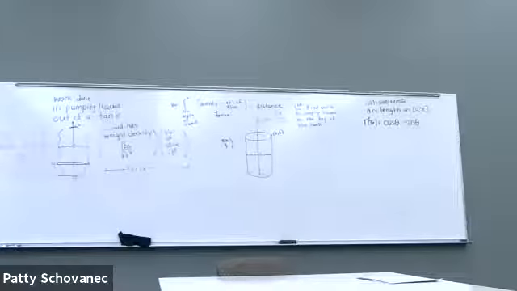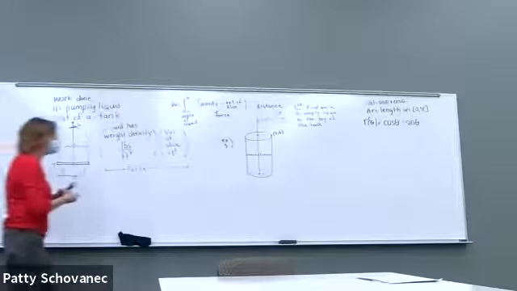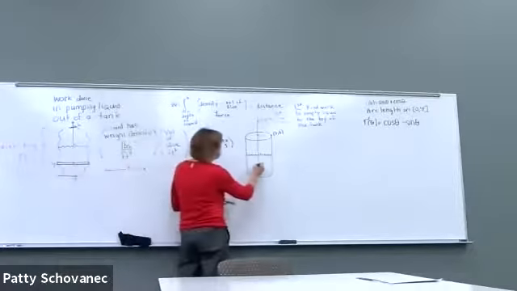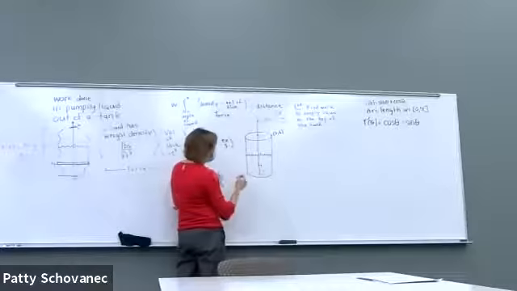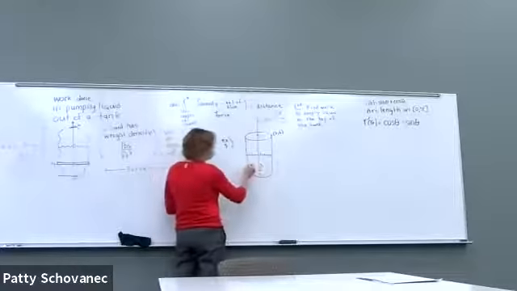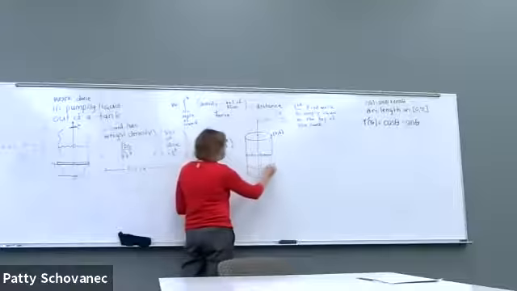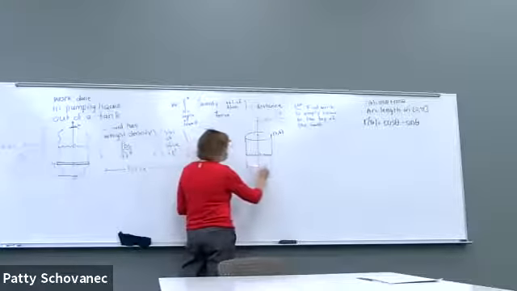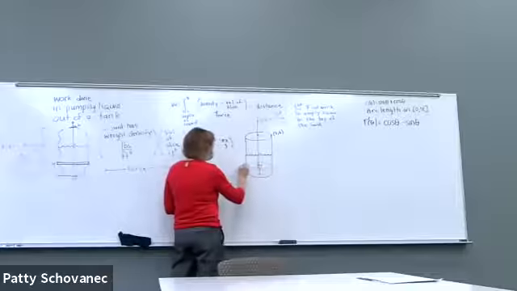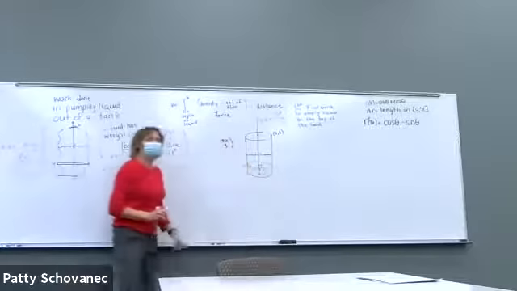Now the tank determines the shape of the slice. So I'm going to make a slice of liquid. I'm here at some y coordinate between 0 and 3. I'm going to run a slice through that liquid and it's going to take on the shape of the tank, of thickness delta y.